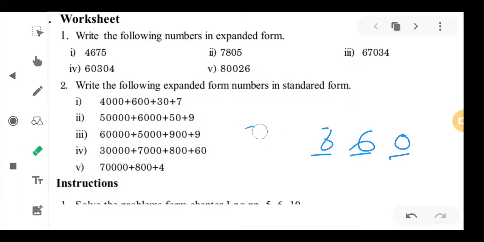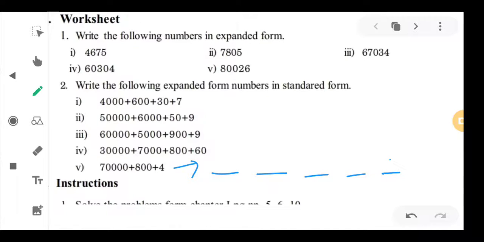Next one, last one. Again this is 7, 1, 2, 3, 4, 4 zeros. So total 5 digit number. So 5 blanks 1, 2, 3, 4, 5. In ones place 4. So 4. In tens place there is no number. So 0.